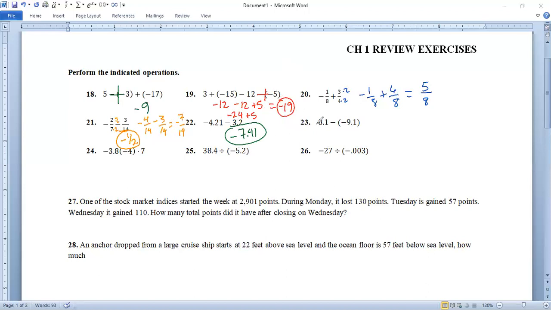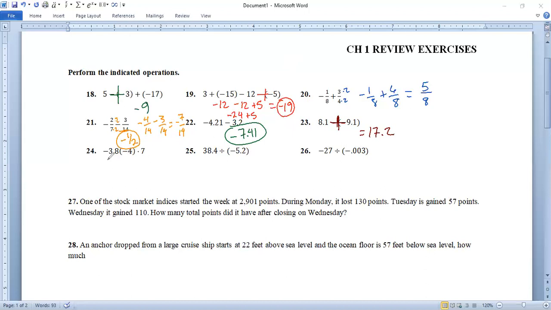On the next one, we get 8.1 minus a negative. Those two negatives right next to each other make a plus sign. So we get 17.2. It's just 8.1 plus 9.1. All right. We get negative 3.8 times 4.